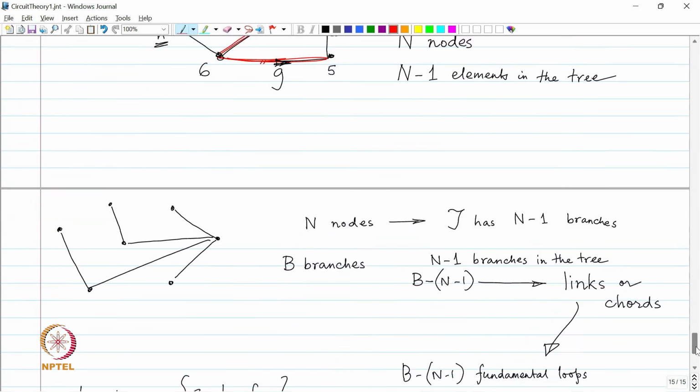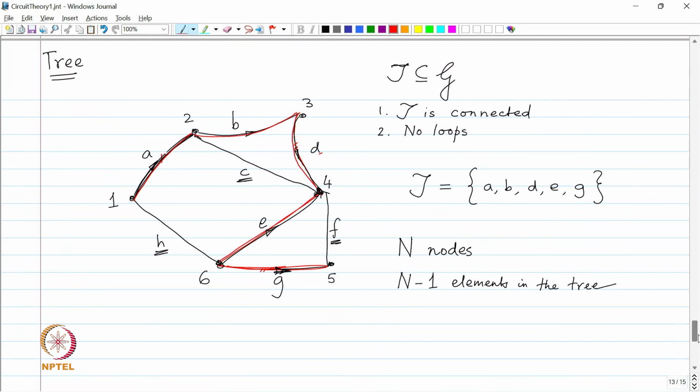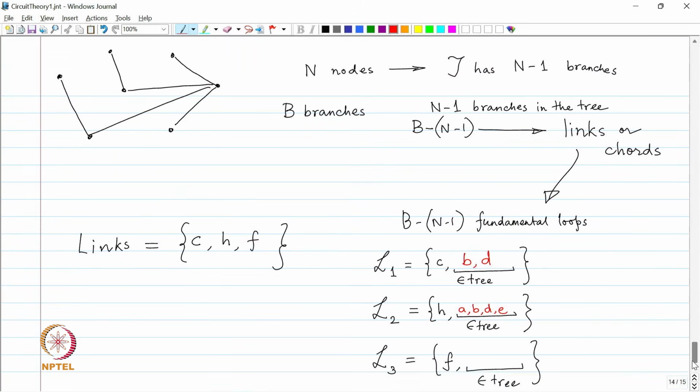And lastly, F. F is forming a shortcut between 4 and 5, and therefore, along the tree if I have to go from 4 to 5, I need to take E and then G. So, these are my 3 fundamental loops. This is how I am defining the fundamental loops.